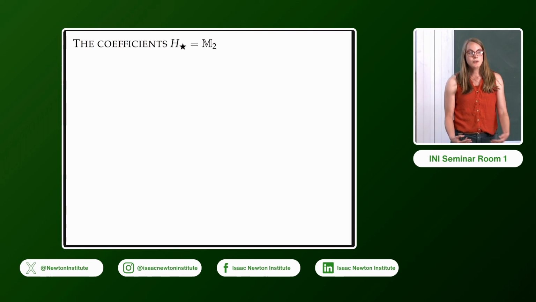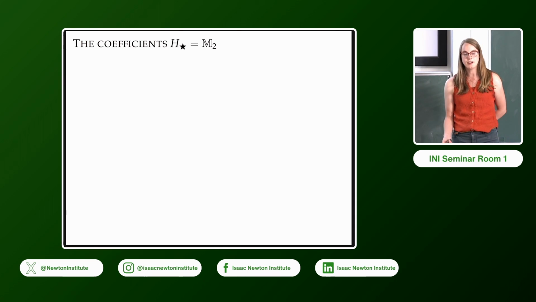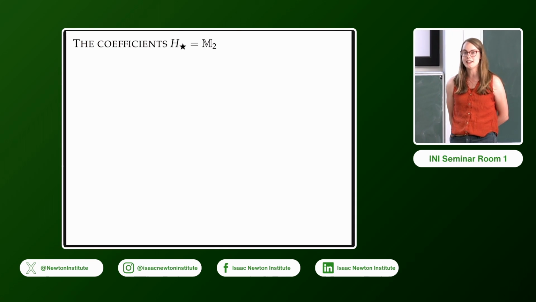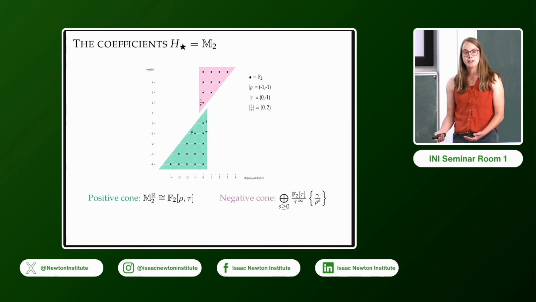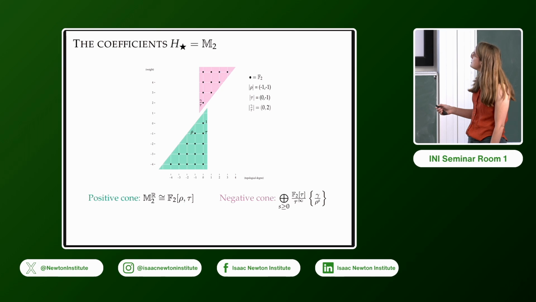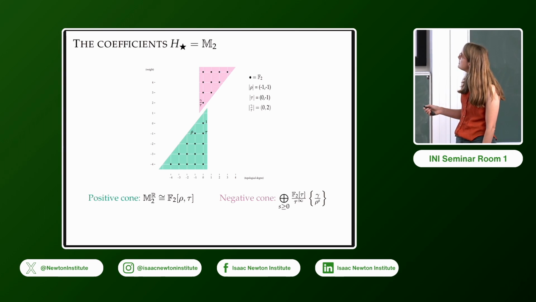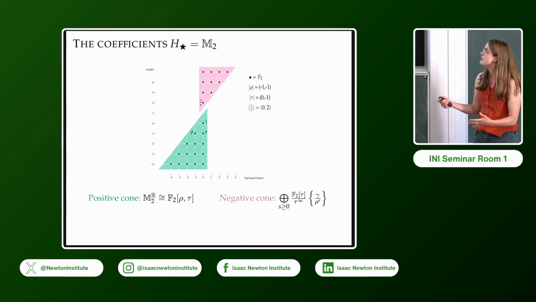So to tell you what that Ext group is, it's helpful to have a little bit more in-depth discussion of the coefficients M2. So this picture may be familiar to many of you. Here we're going to be using the motivic notation for the elements in homology. So we have a positive cone part, which is polynomial on elements rho in degree -1, and tau in degree 0, -1.